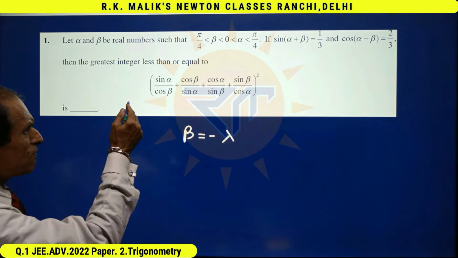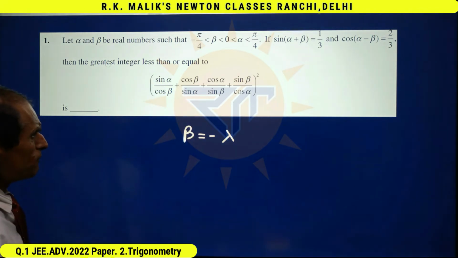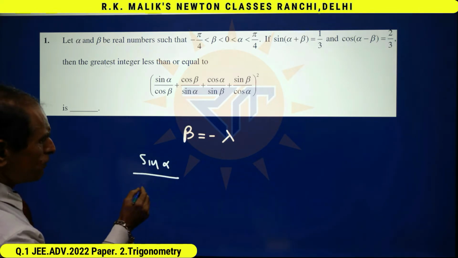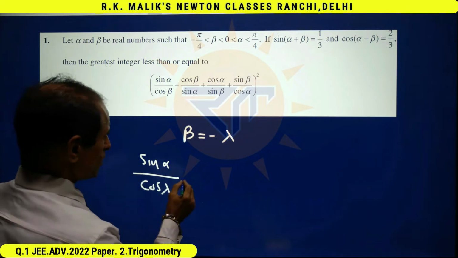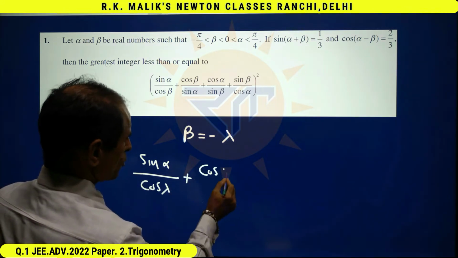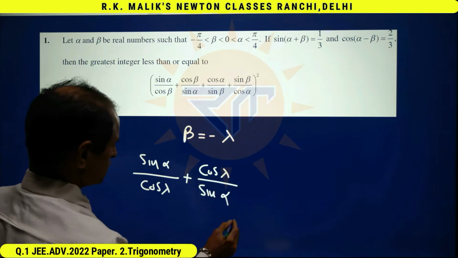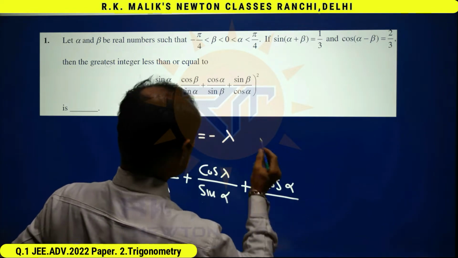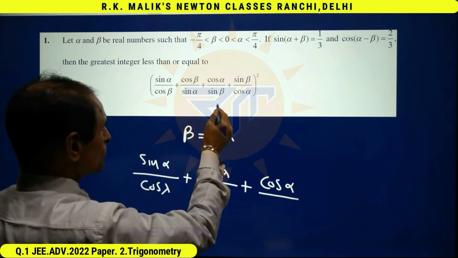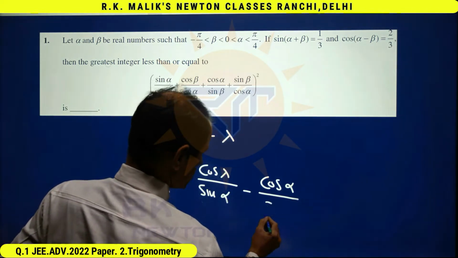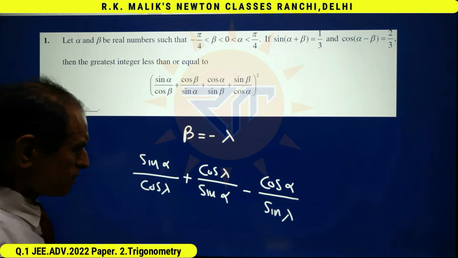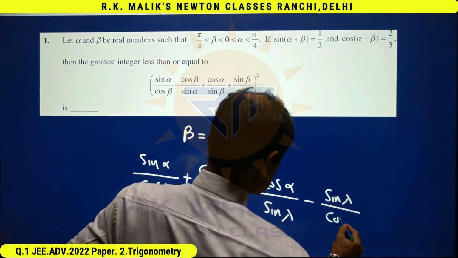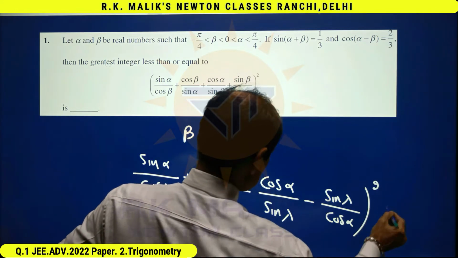And now, first writing the whole question in terms of lambda, I get sin alpha upon cos lambda plus cos lambda upon sin alpha plus cos alpha upon, because it is sin of minus lambda, hence I will write minus sin lambda, and similarly minus sin lambda upon cos alpha, whole square.